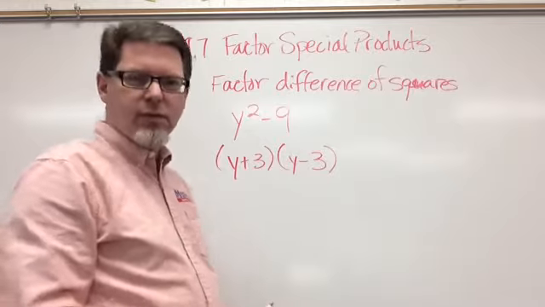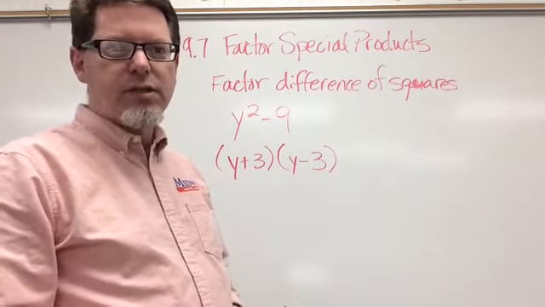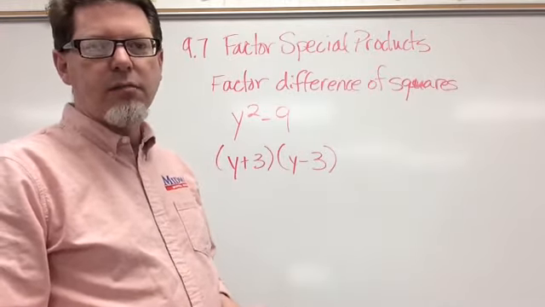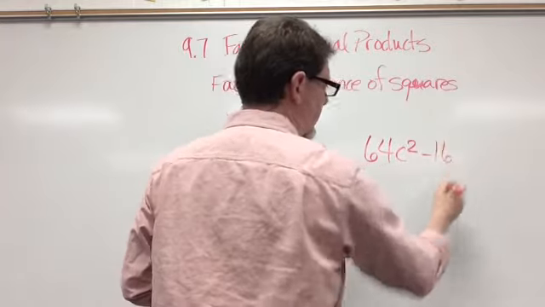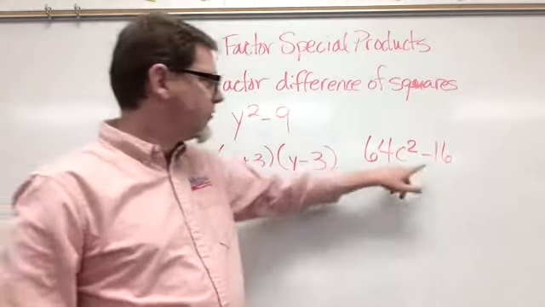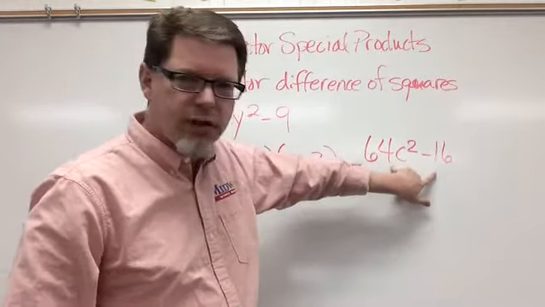Let's look at another example just for fun. 64c squared minus 16. I have a difference and I have two perfect squares.